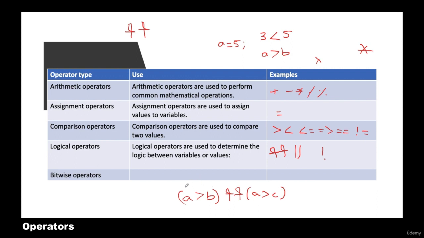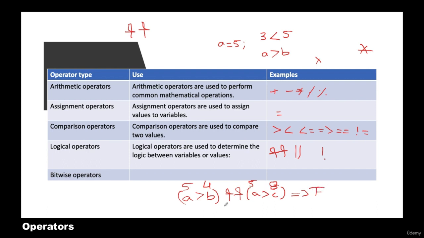If 5 is the value of A, B is 4, and C is 3, then this condition returns true. If any of the conditions is false, it returns false. For example, if C is 8, then the second condition is false and the first is true, but since we have AND in between, it will return false.